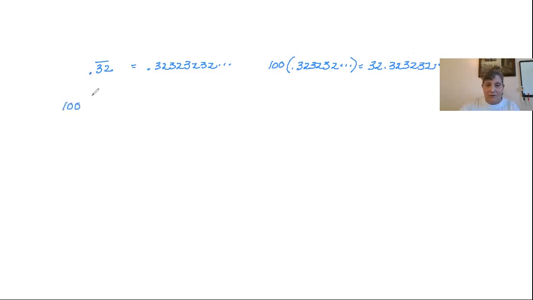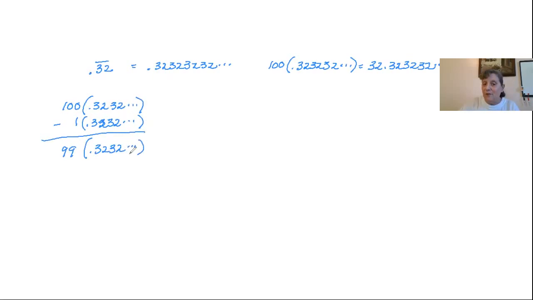So if I take 100 times 0.3232... minus 1 times 0.3232..., I'm going to get 99 times 0.3232..., 100 of these minus 1 of these leaves me 99 of these.